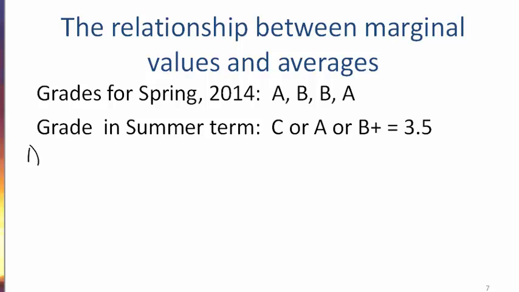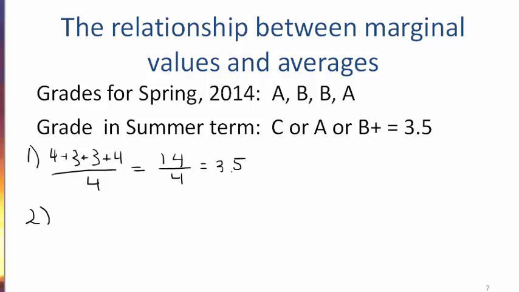So for step 1, given my initial data set, I want to calculate my GPA. I have an A, which is a 4. I have a B, which is a 3. I have another B, which is a 3. And I have an A, which is a 4. And I have 4 entries in my data set. So I have 14 over 4, so my GPA at the end of spring term is a 3.5. Next, I'm going to add in a new value.